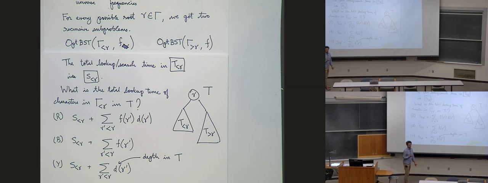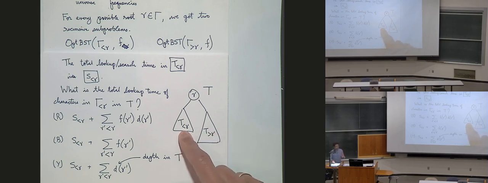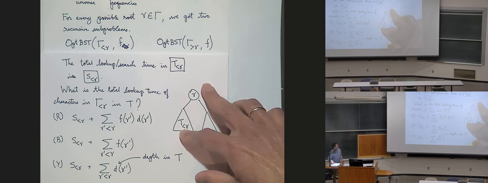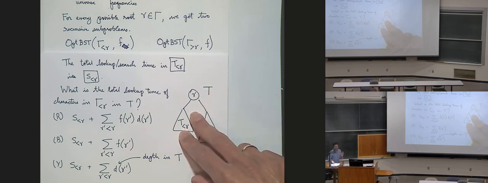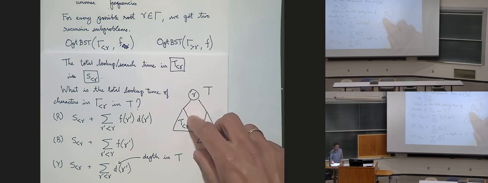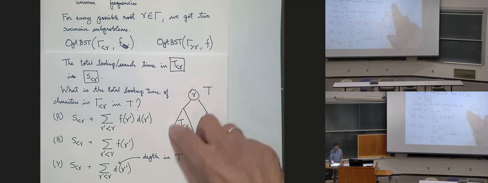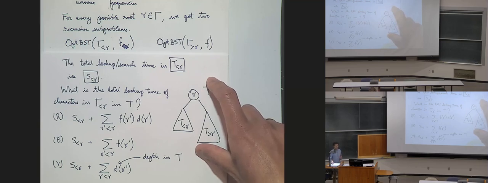What is its depth in that smaller tree, t less than gamma prime? It's whatever the depth is, minus 1. Or rather, the depth in the small tree is 1 less than the depth in the bigger tree.